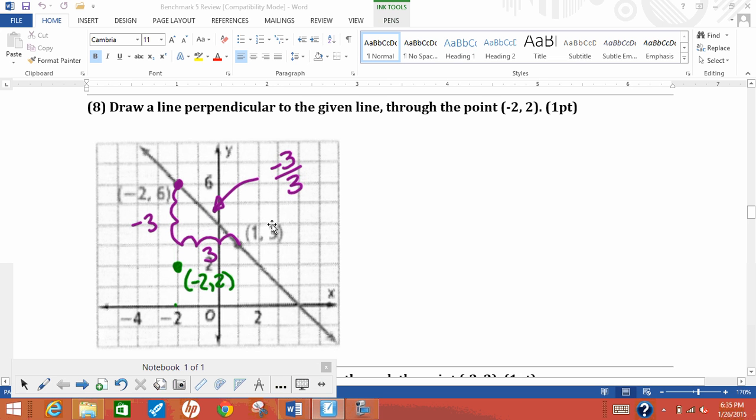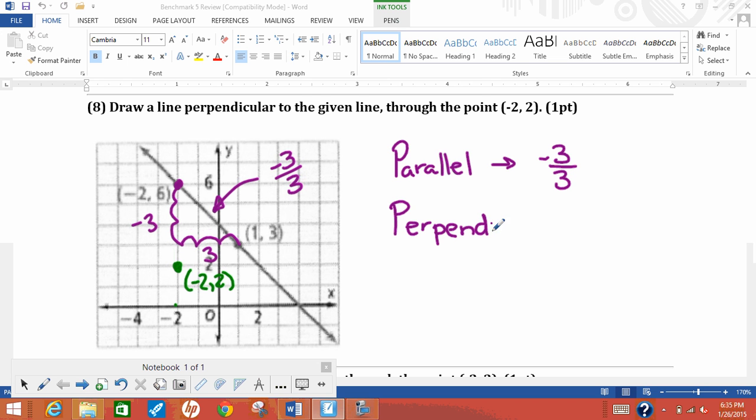Now I need to graph the parallel and the perpendicular. The slope of the parallel line is going to be the same: negative 3 over 3. The slope of the perpendicular line is going to be a bit different.